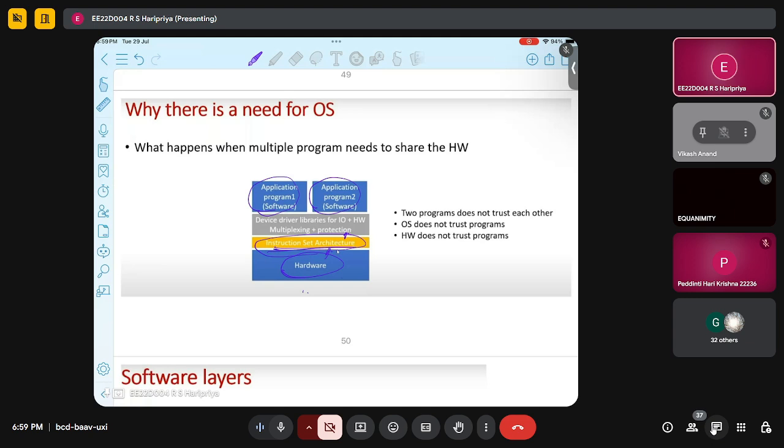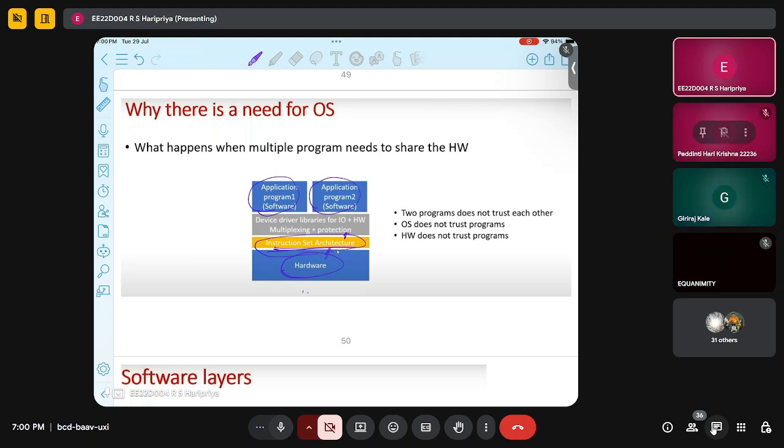So if any program wants to access the memory or store some files to the CPU, it is controlled using this instruction set architecture. Now say two programs want to access some IO.